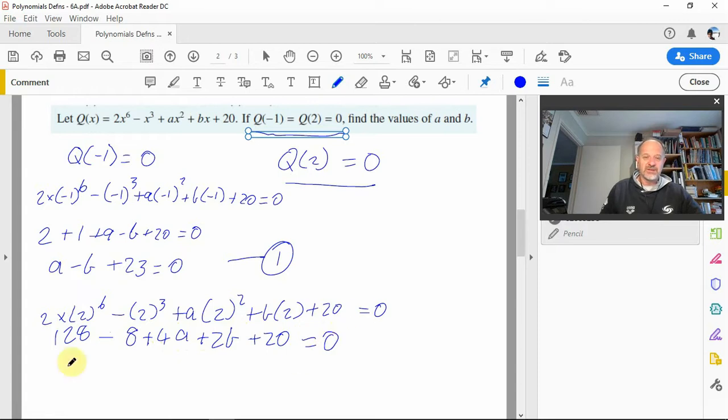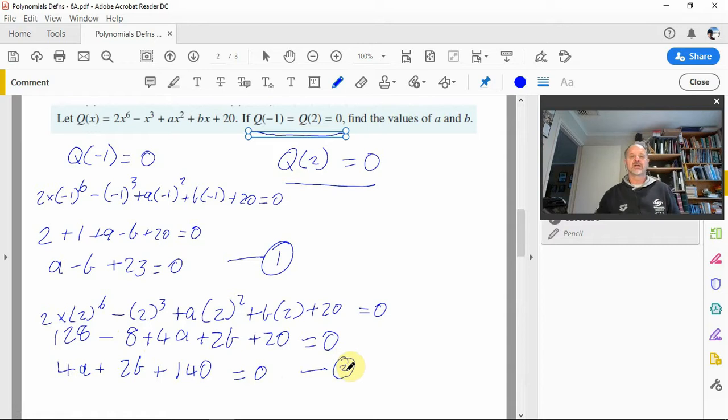So 128 minus 8 is 120, plus the 20 there, giving 4a plus 2b plus 140 equals 0. And so now we have a second equation.